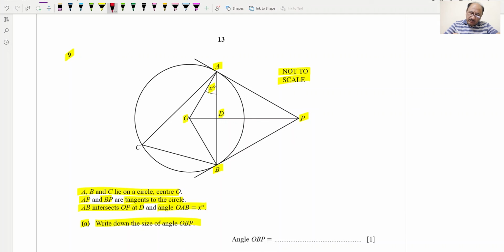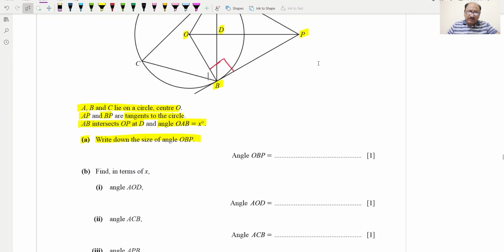OBP is basically this angle, which we know is 90 degrees. How do we know? Because BP is a tangent to the circle with center O, and OB is the radius, so the radius and tangent make an angle of 90 degrees by rule, so this will be 90 degrees, and this is 1 mark.